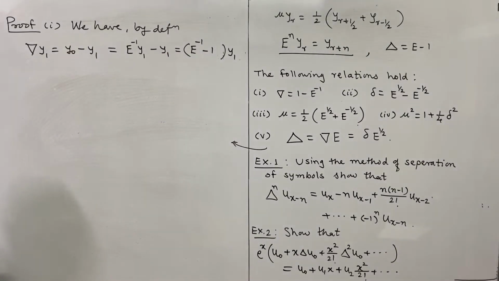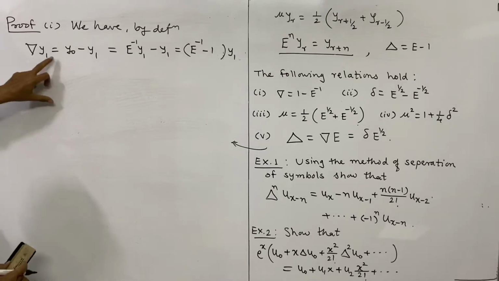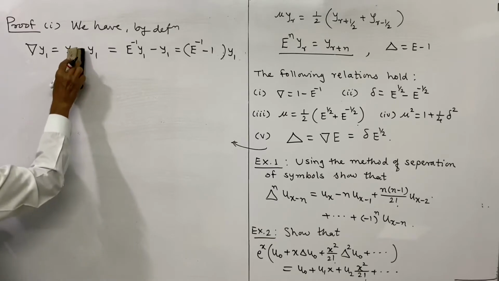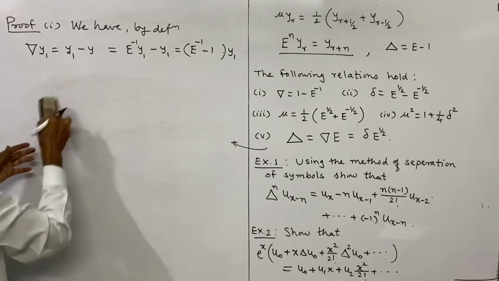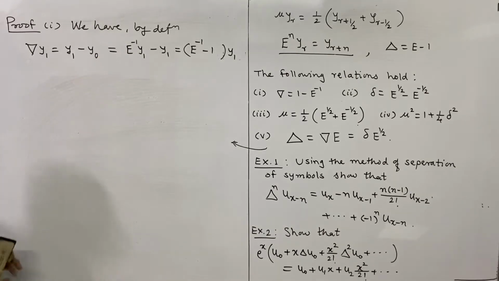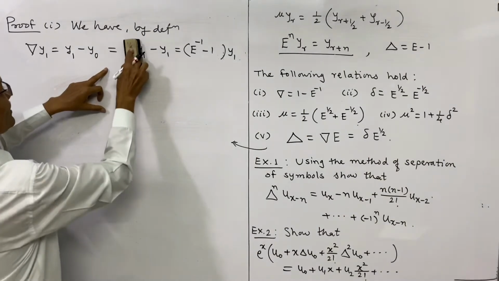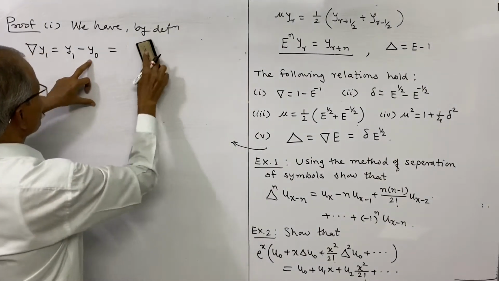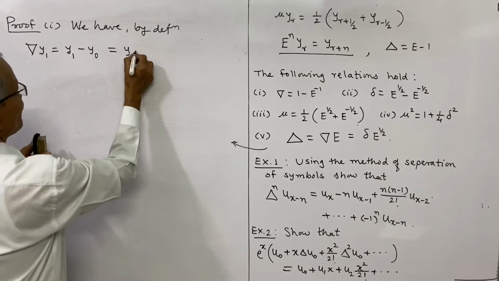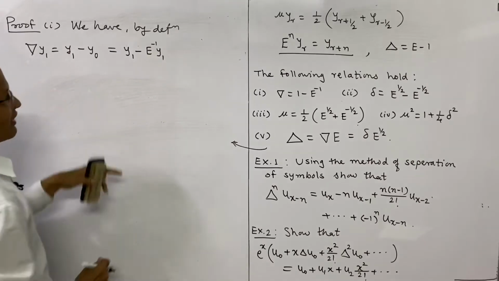So thus, see, this is not correct, we have written this wrong. What is del y1? It is actually y1 minus y0. Now y1 we should keep as it is, and y0 we should write as E to the power minus 1 of y1.